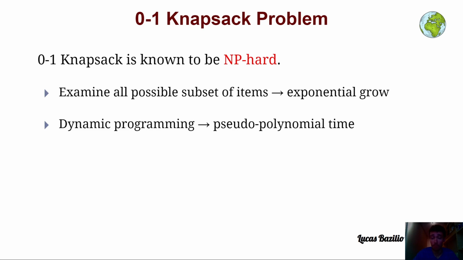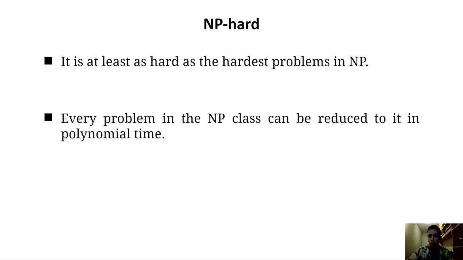So remember, what is an NP-hard problem? We say that a problem is NP-hard if it is at least as hard as the hardest problems in NP, and thus every problem in the NP class can be reduced to it in polynomial time.